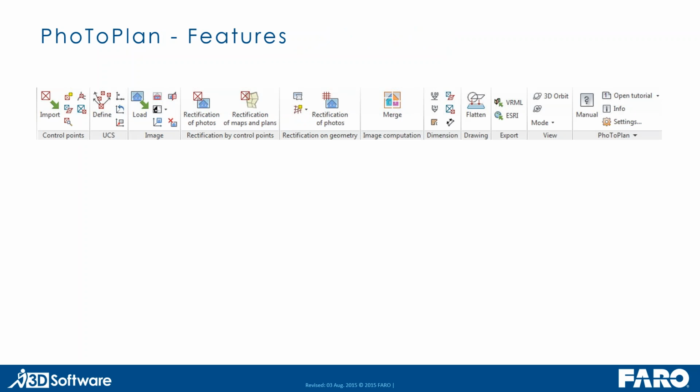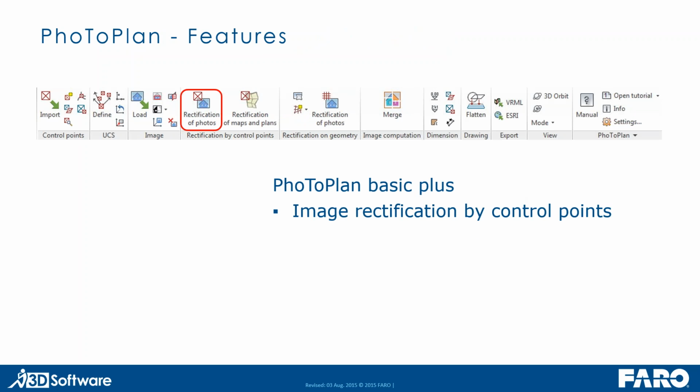So these are the features of PhotoPlan Basic. The next larger package of the PhotoPlan family is PhotoPlan. It contains all the functionality of PhotoPlan Basic, plus additional features like image rectification by control points. This method is much more accurate than rectification by just some distances.